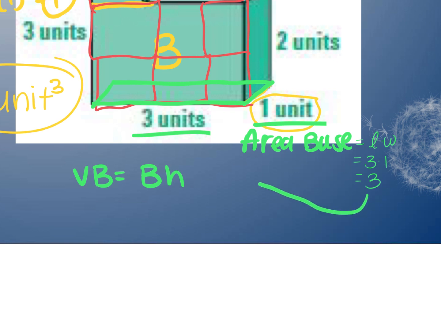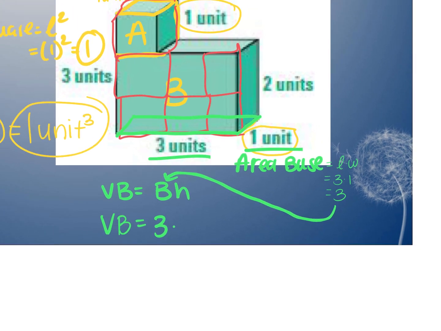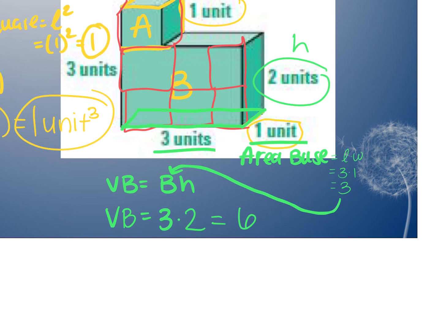So our B value is 3. The volume of figure B is going to be 3 times the height. What is the height, though? It's 2 units, okay? So we're going to do 3 times 2, which gives me 6 units cubed.